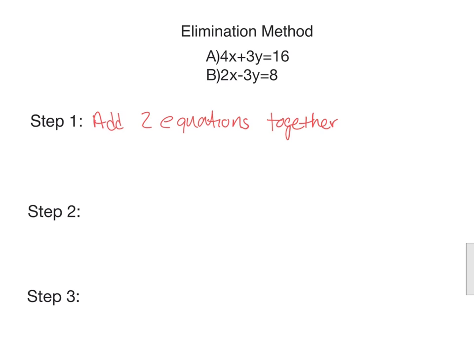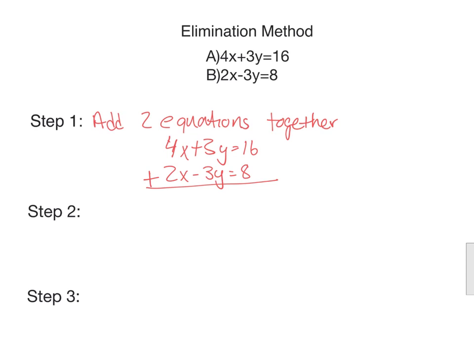And we're adding them together vertically, meaning the top one to the bottom one. Okay? So, 4x plus 3y equals 16. And then 2x minus 3y equals 8. Okay, I'm going to draw that line, and then my plus sign right here.